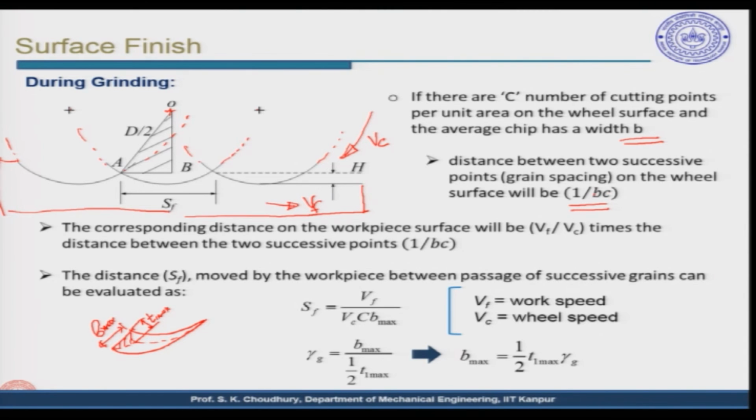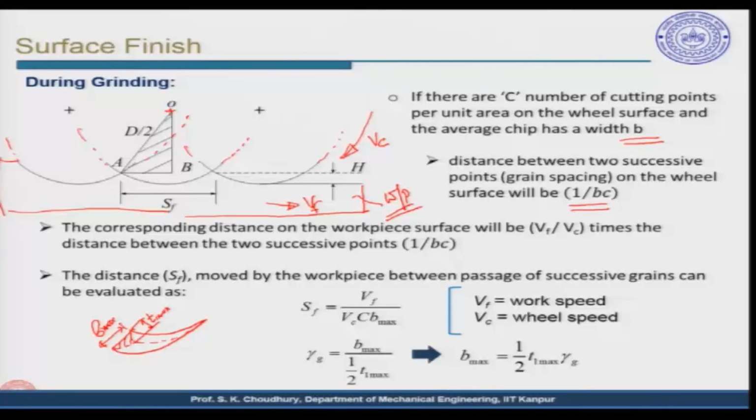The same distance, when translated on the workpiece, will be equal to Vf upon Vc times that, because on the workpiece it depends on the ratio of the feed velocity and the cutting velocity.